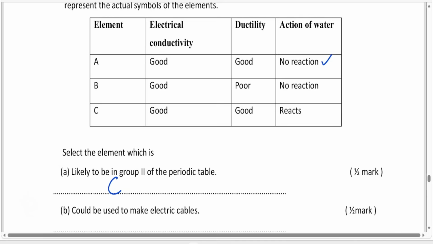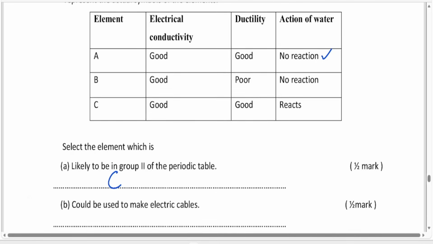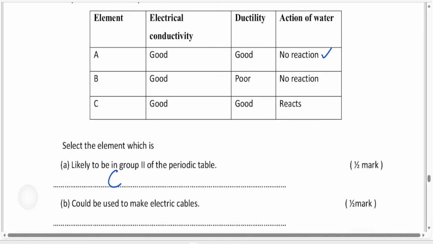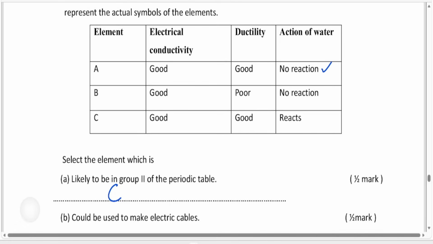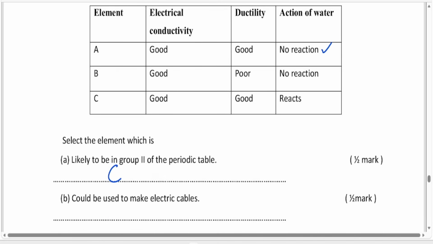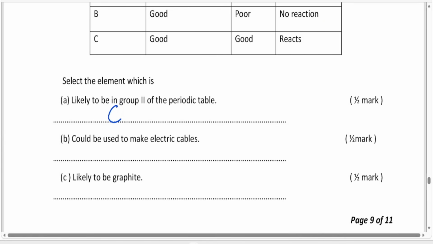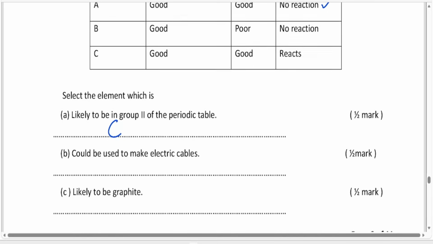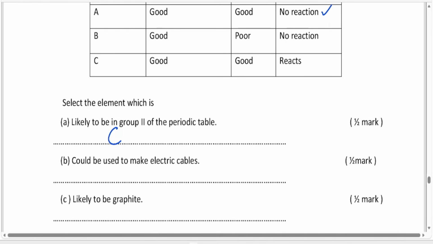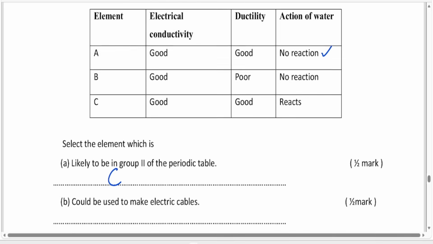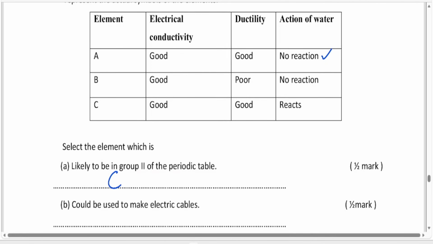unlike A and B. A has good ductility, good conductivity, but no reaction with water, and that makes it eliminated. Next, select an element which could be used to make electric cables. Electric cables, remember, we would not like them to react with water.